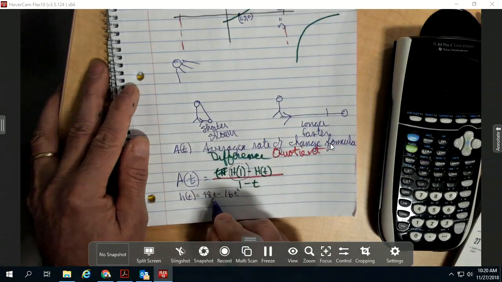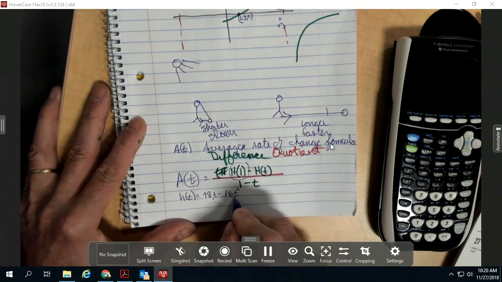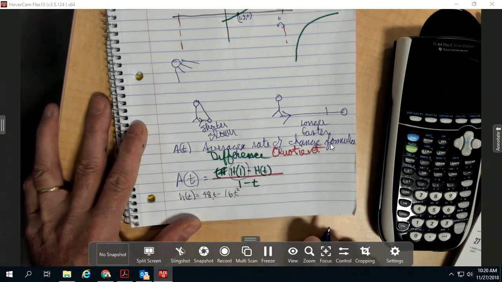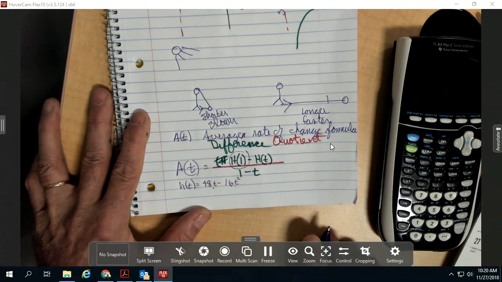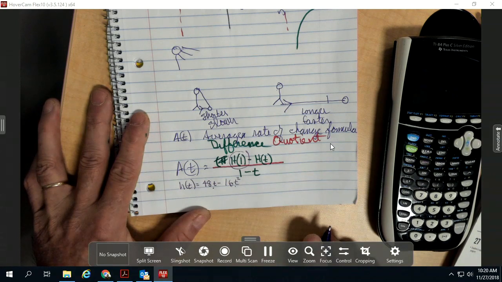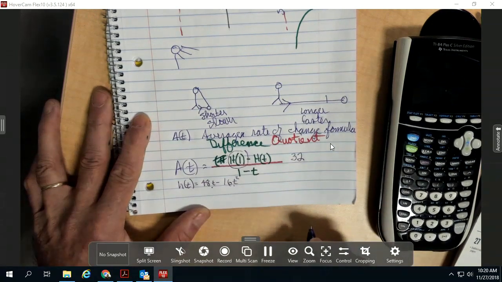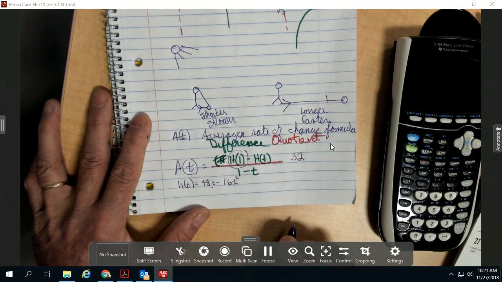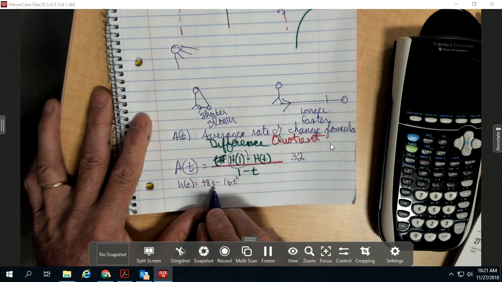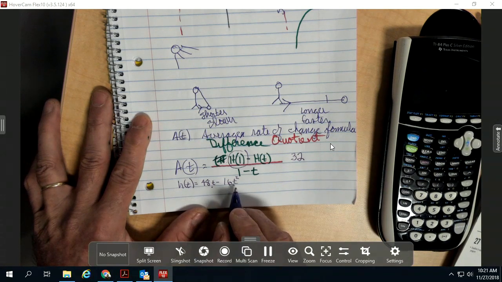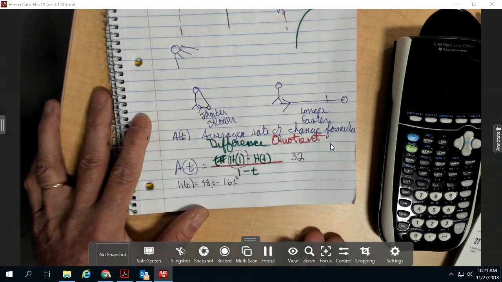So if we substitute 1 in here and 1 in here, what do we get for an answer? 32. Everybody agree with that? 48 times 1 is 48. 16 times 1 times 1 is 16. 48 minus 16 is 32.